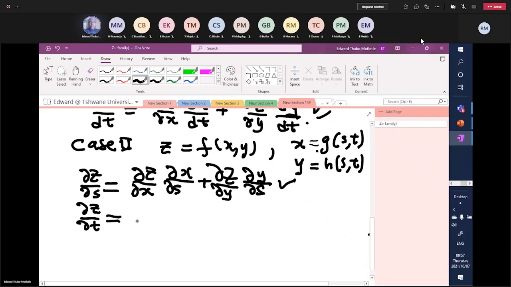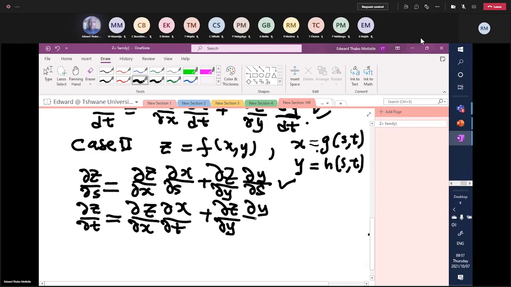Now here, we differentiate z partially with respect to x, we differentiate x partially with respect to t, plus you differentiate z partially with respect to y, you differentiate y partially with respect to t. So we have 2 situations under case number 2. I can ask you to determine one of the 2.